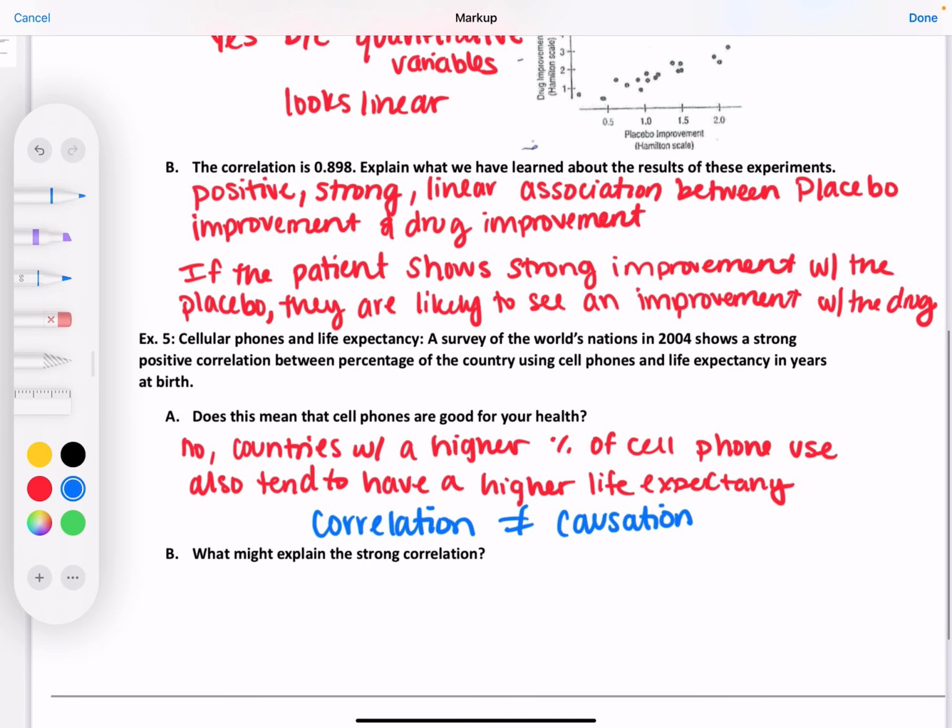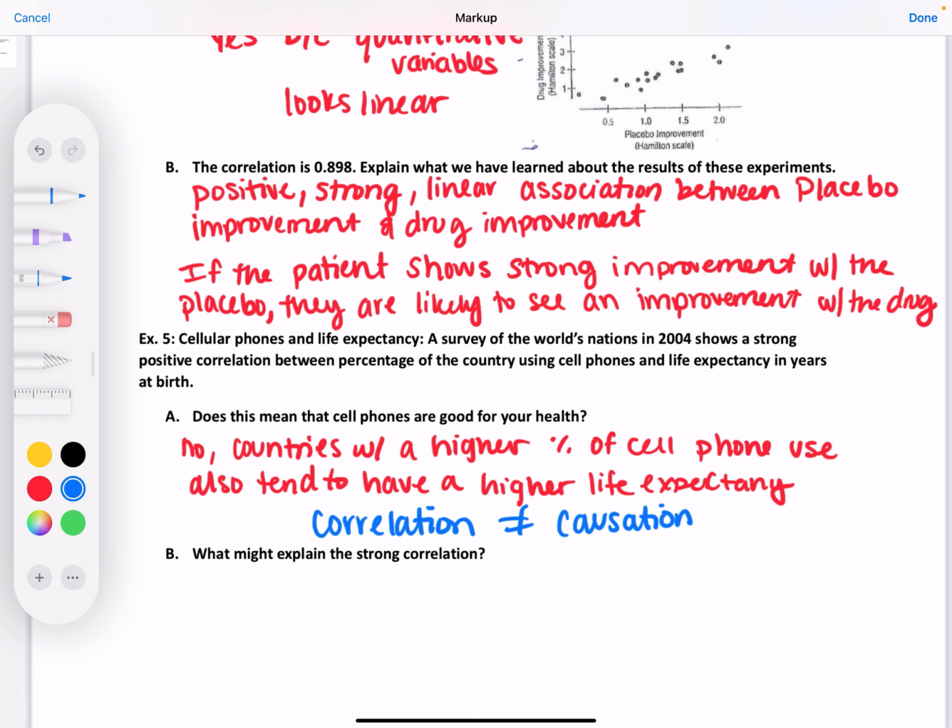What might explain the strong correlation? How many people have cell phones? What kind of countries tend to have cell phones? United States. I mean, ones with a.